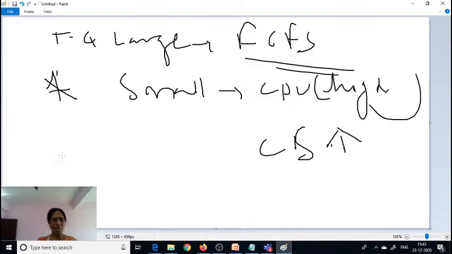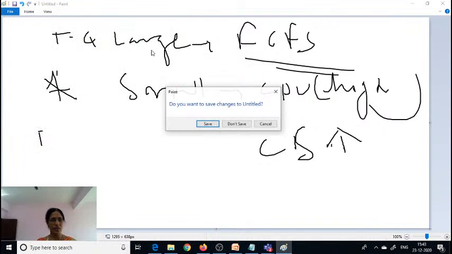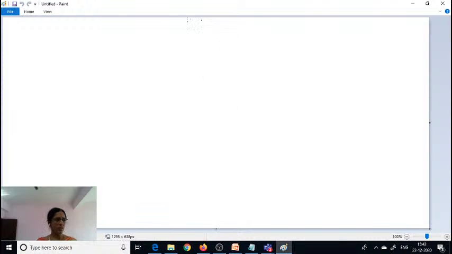So see here how it is executed. Suppose here the ready queue is there, and in the ready queue a number of processes are there.